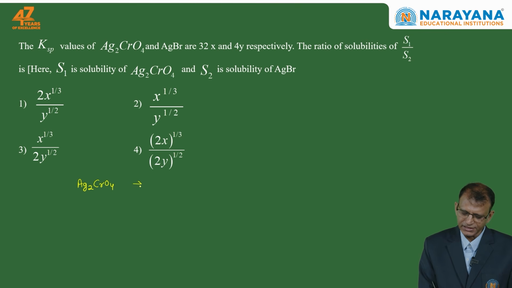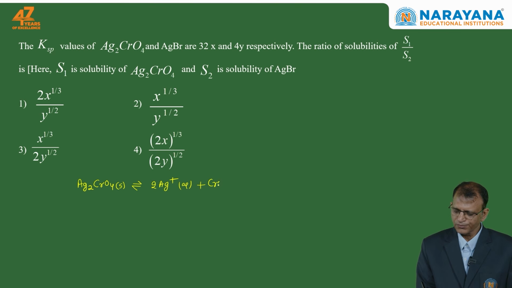We know that when Ag2CrO4 dissociates, it will form 2 times Ag plus ion in aqueous state and CrO4 2 minus ion in aqueous state, 2 times S1 and S1. So we can write the relation that the Ksp is equal to 4 S1 to the power 3.